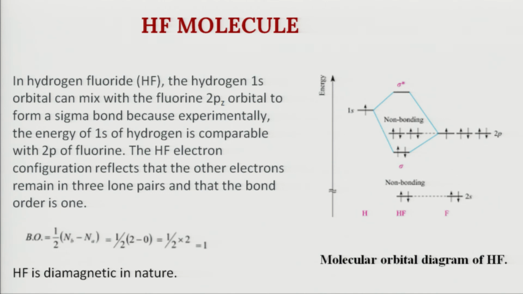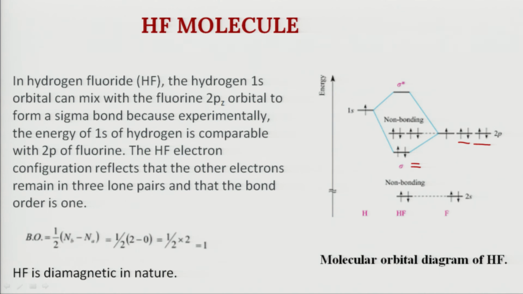the 2pz orbital. The rest of the two pairs of electrons present in the p of fluorine remain in the non-bonding MO, and the only possible formation is between 1s of H and 2pz of fluorine.